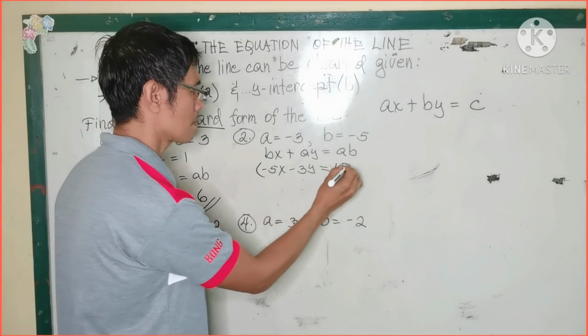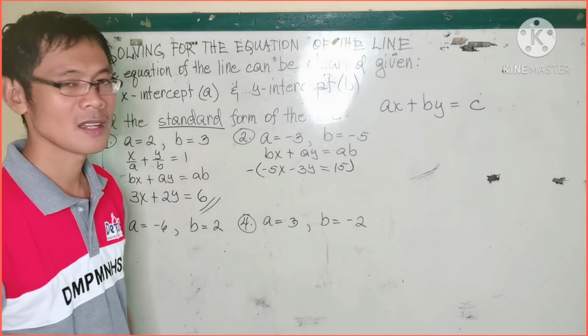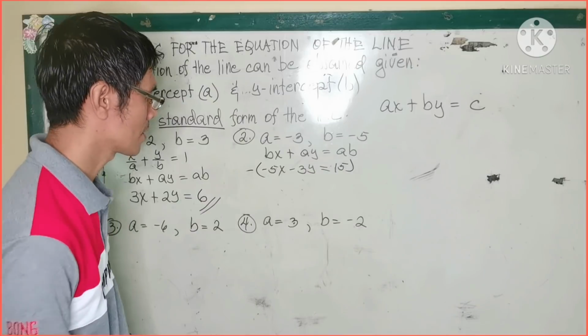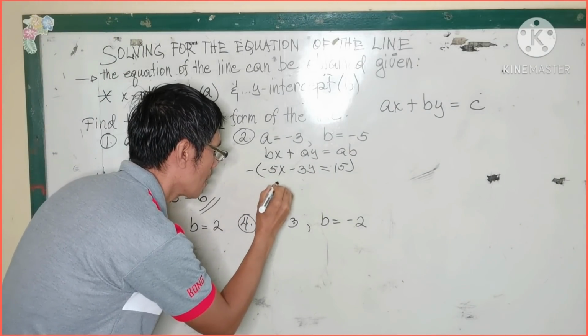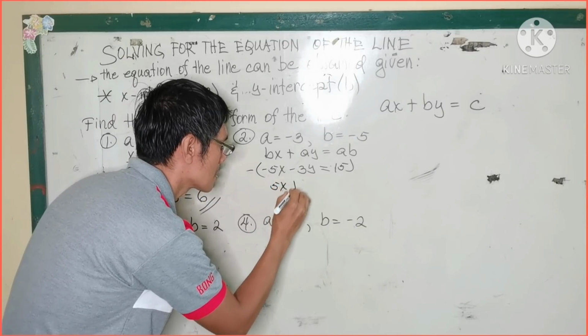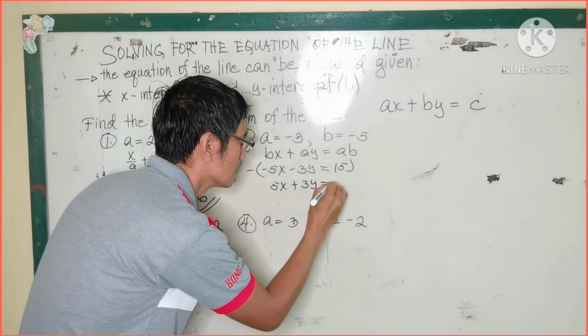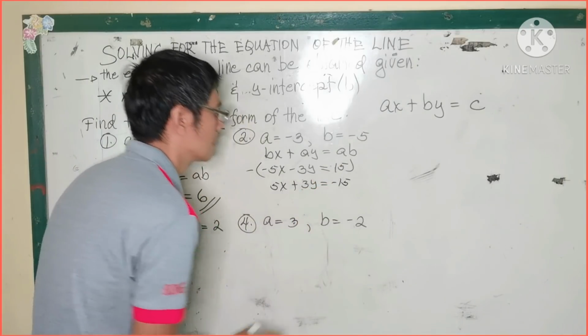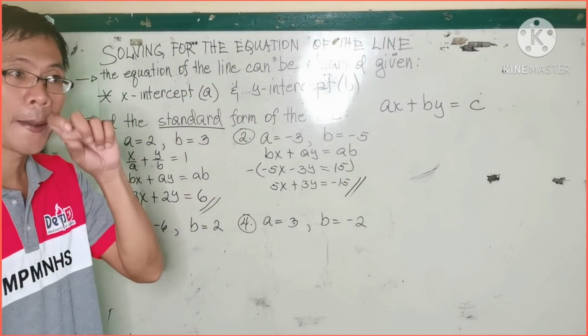Again, our leading term or first term should always be in positive sign. So making this positive, we will simply multiply all the terms by the negative sign. So negative times negative 5x, we have 5x. This is positive 3y, then we have negative 15. Okay, so that's now the final answer.